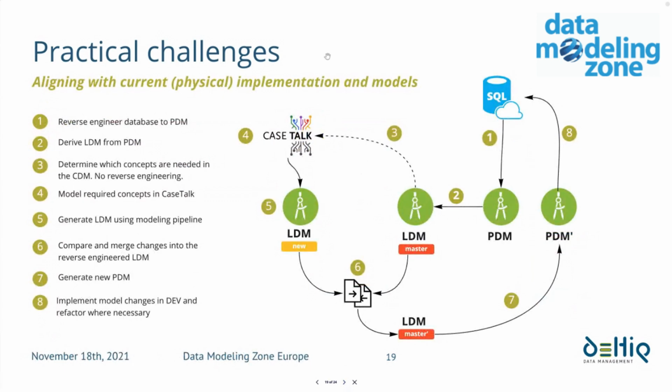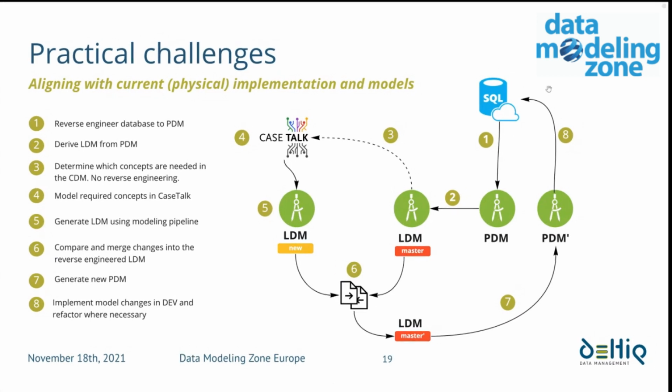I'll skip this one, but obviously one of the challenges is how do you do that when you already have a model or a database in place? How can you add a modeling way of working to a situation where there's already an installed base? This is something we thought about as well. Basically it comes down to reverse engineering the model which already resides in a particular implementation.